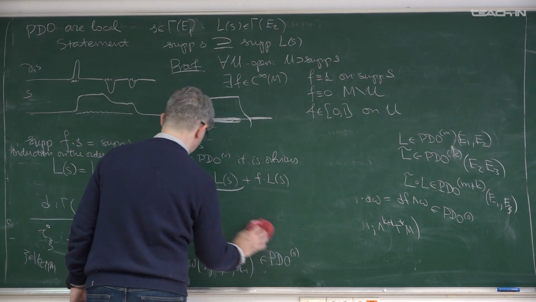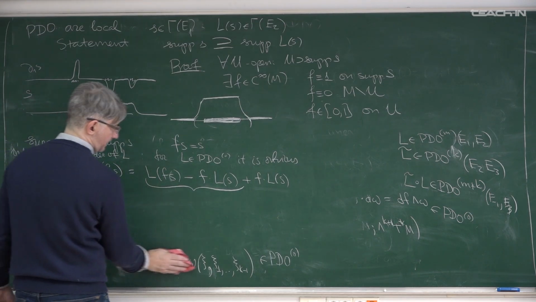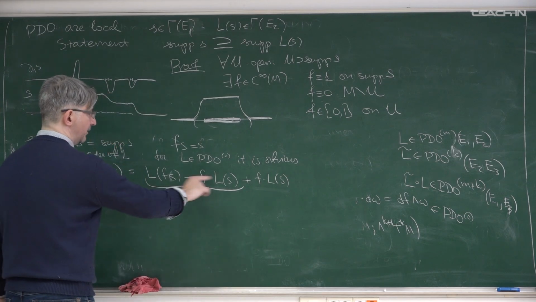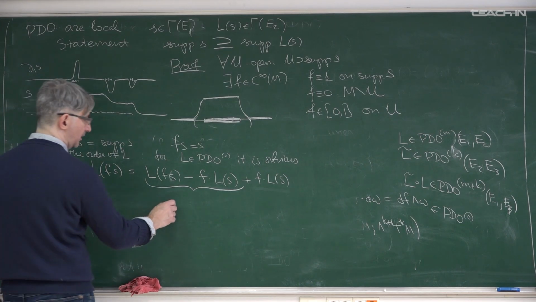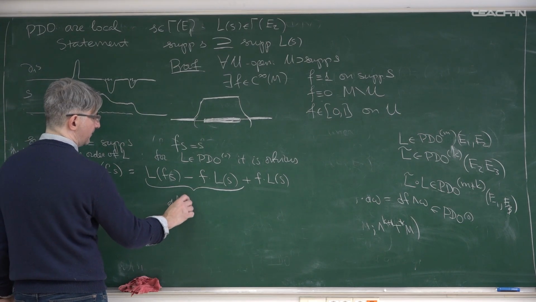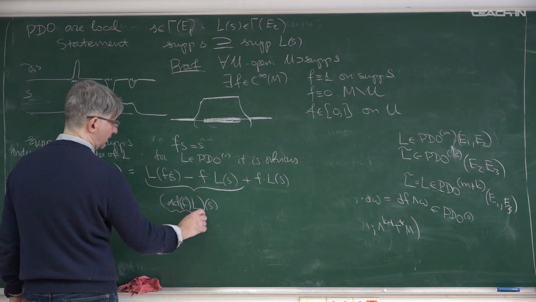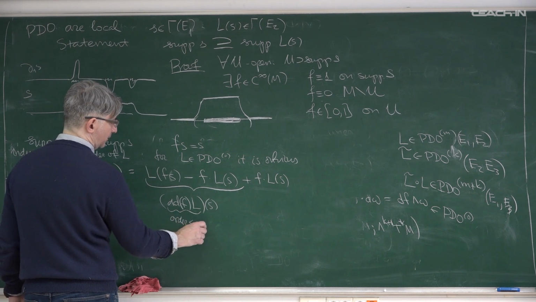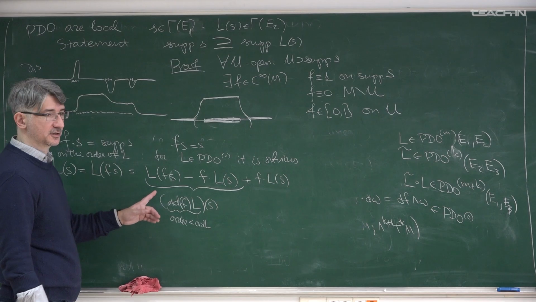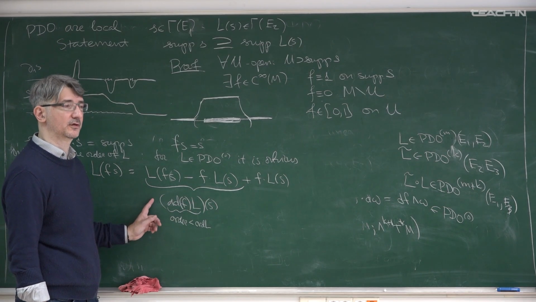Tell me, please, this thing under this bracket, what is it? Yes, this is ad F, applied to L, and then applied to S. This thing has order smaller than the order of L. So by the induction hypothesis, the support of this is smaller than the support of S.